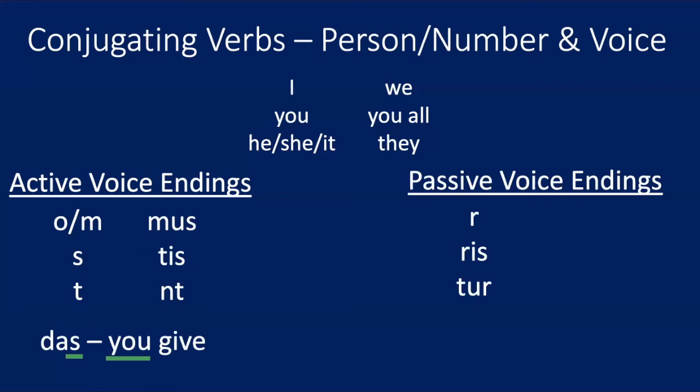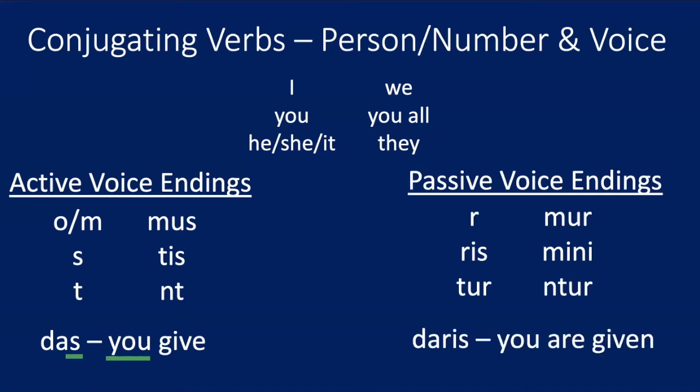So if the subject is I, the passive voice verb will end in R. Subject is you, RIS. He, she, or it, TUR. We, the verb ending will be MUR. For you all, the verb ending will be MINI. And for they, NTUR. And sticking with the same verb down here for an example, we have daris. So ris shows us that the subject is you.